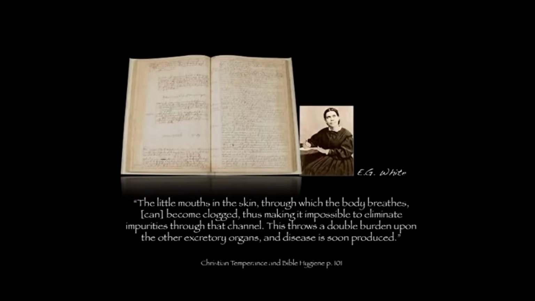Christian Temperance is a book written by Ellen White, and Bible Hygiene. She calls them little mouths of the skin through which the body breathes, which can easily become clogged. That means blocked.